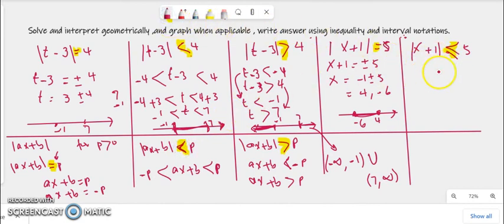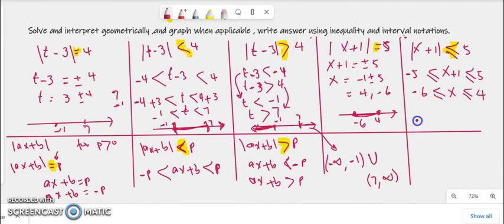So we're going to say x plus 1 is greater than or equal to negative 5 and less than or equal to 5. So what we do here to get the x, we subtract 1 from each part. So this will be negative 6 less than or equal to x, less than or equal to 4.